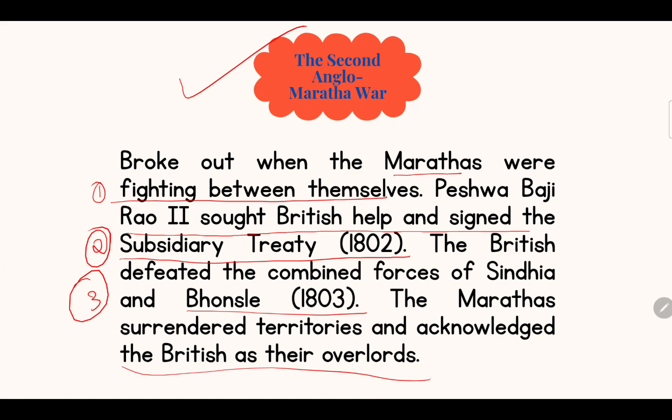Then ultimately the British defeated the combined forces of Scindia and Bhonsle. Scindia and Bhonsle were a combined force, but the British defeated them. And the result was that the Marathas surrendered territories and acknowledged the British as their overlords.